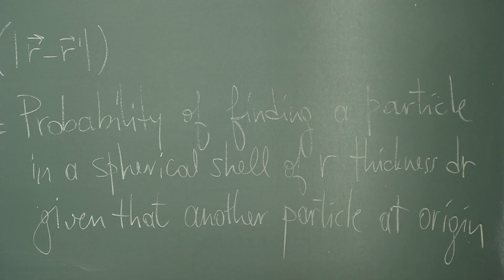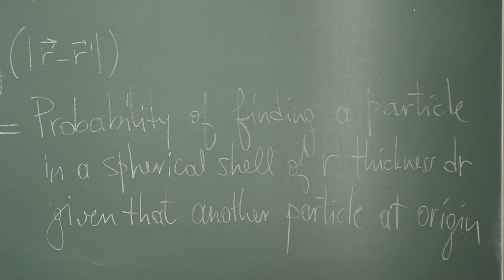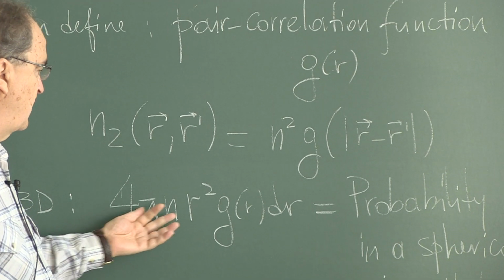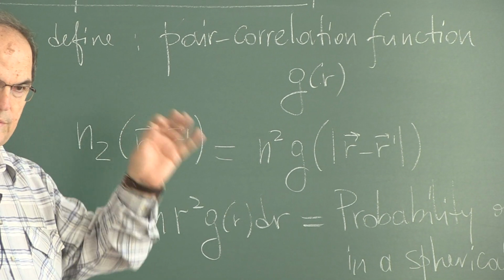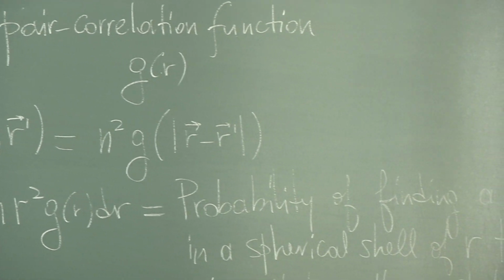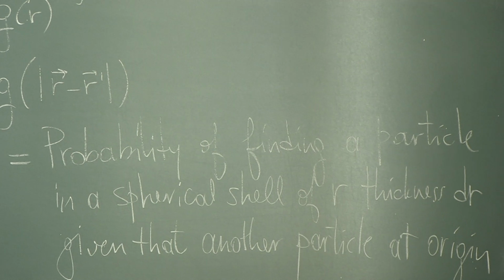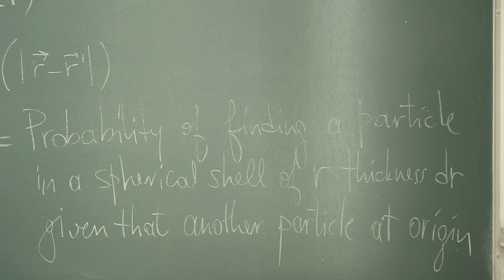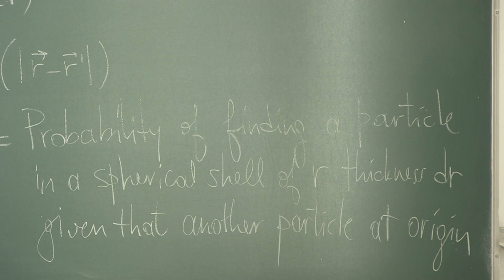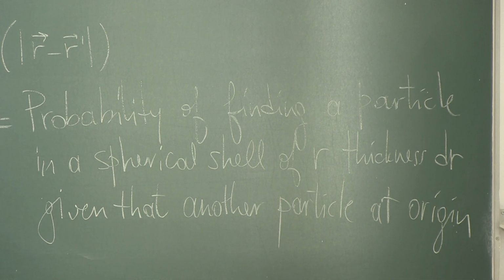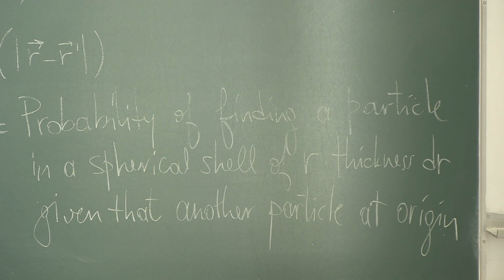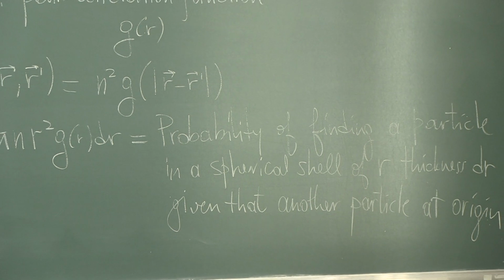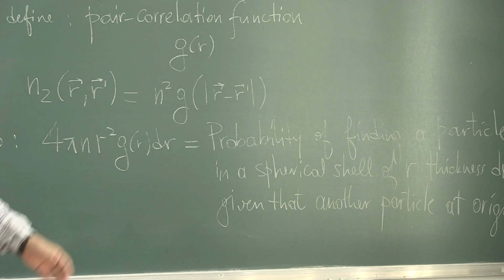Four pi n r squared dr, g(r) multiplied by that. Well, 4 pi r squared dr is the volume of the spherical shell, isn't it? If you multiply it with n g(r), you get the probability of finding the second particle in a spherical shell of radius r, when the other particle is at the origin. This function contains everything about the structure of the system, the positions of atoms.